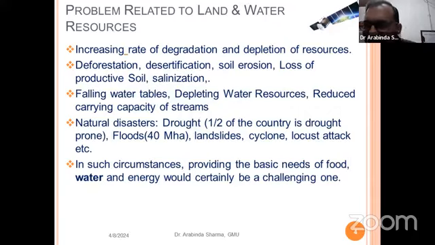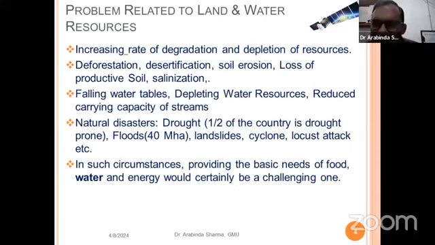Encroachment of river land is not uncommon in India, because we are either performing agricultural activity there or developing houses, buildings, and so on. Because of that, encroachment on land that is supposed to be part of the river system is also creating problems in water resource management, right?